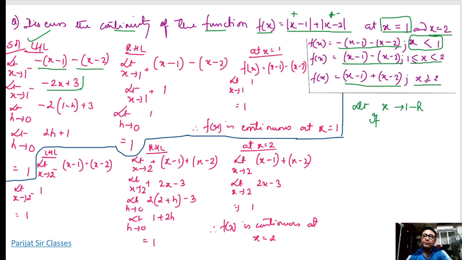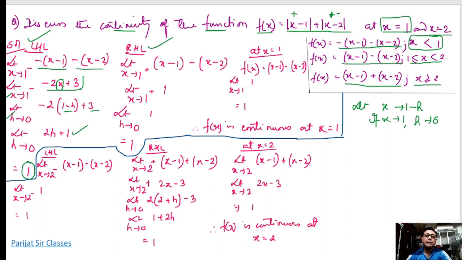So if x tends to 1, h tends to 0. In place of x we are putting 1 minus h, and let us put h as 0. So this is the value of the function.